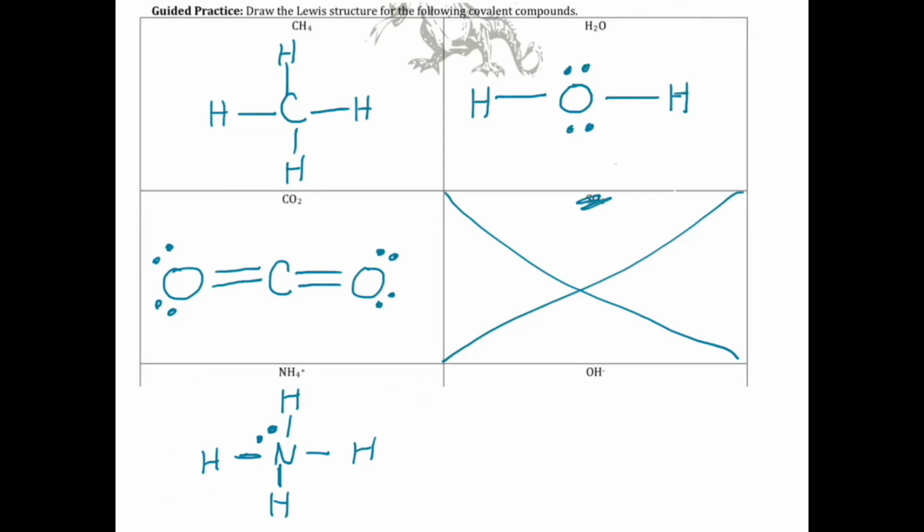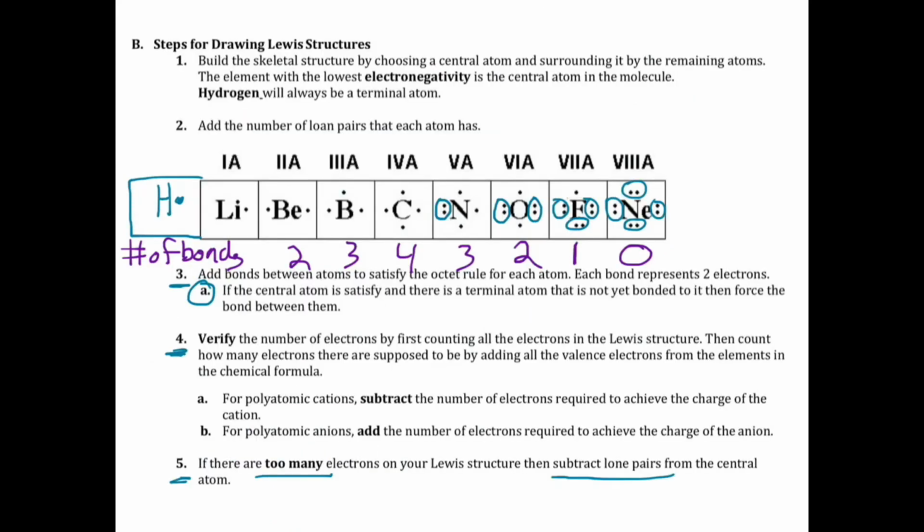And so what we need to do is, if you're ever in a situation where you had to either force bonds or the structure has too many or too little bonds, like in this situation, nitrogen has 4 bonds instead of 3, what you then need to do is verify the number of electrons.